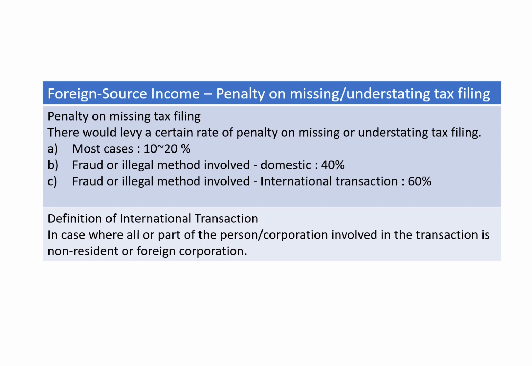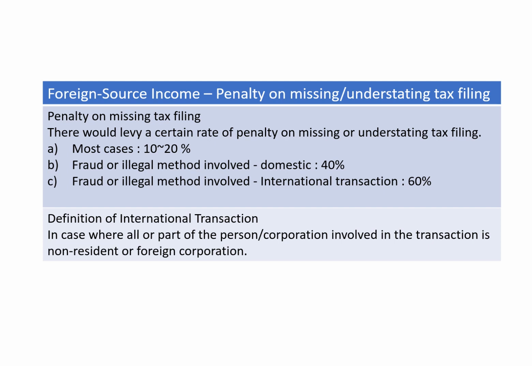There are also penalties on missing or understating tax filing, and in the case of international transactions, it is intensified. There will be a certain rate of penalty on missing or understating tax filing, normally 10% to 20%.